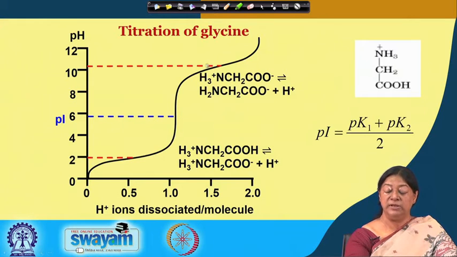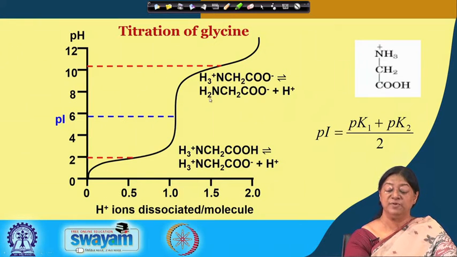When we come to this point here, we have now converted all the completely protonated glycine into this form. So, now we have reached the K2 value, where the proton being lost is from the amino group.